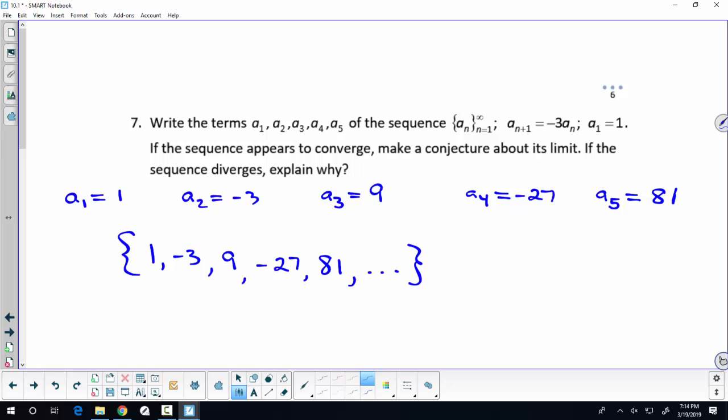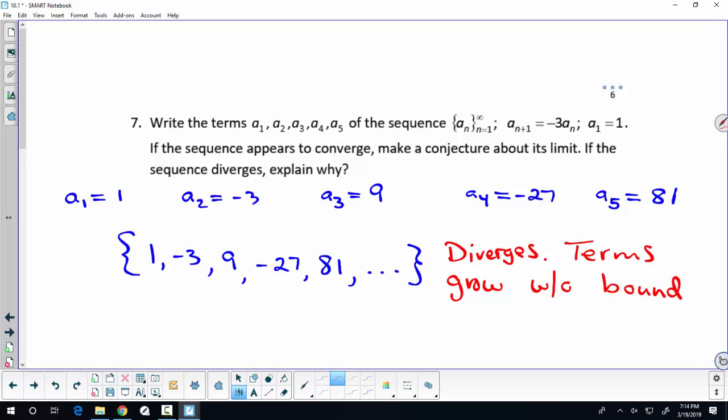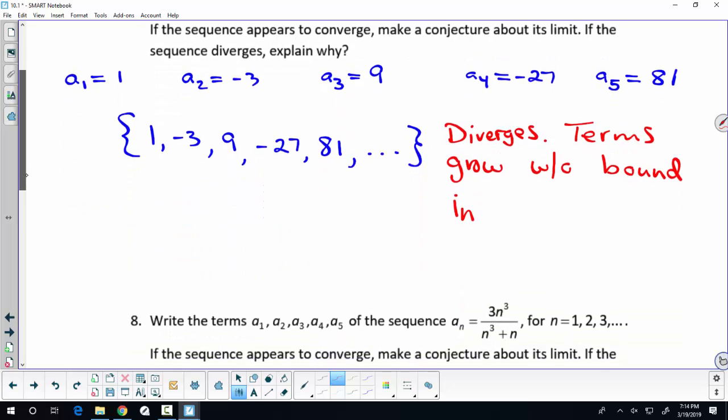There's our sequence. Converge or diverge? Diverges. Again, the terms are growing without bound in magnitude, or in absolute value, however you want to say that.